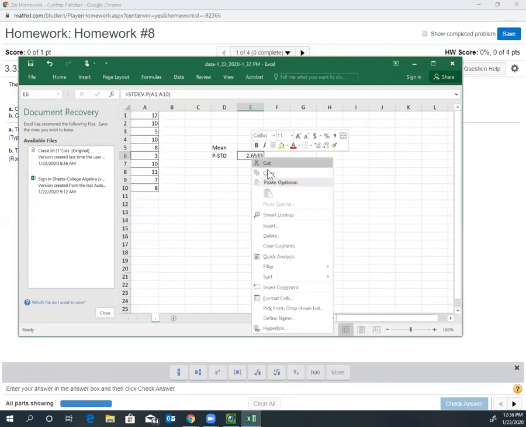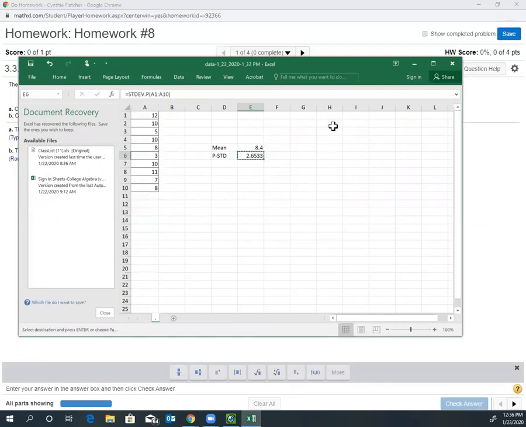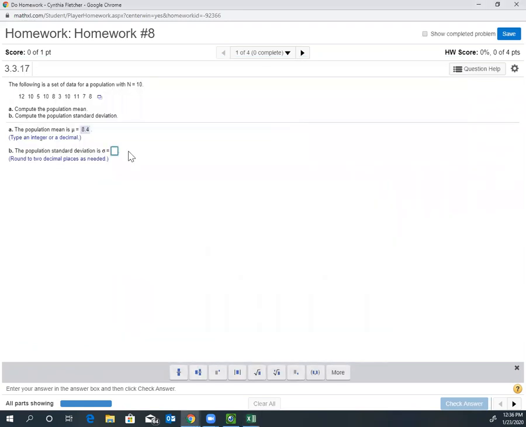I'm gonna right click to copy, and Control V to paste. Now notice this will say round to 2 decimal places. Okay, so 2 decimal places, so it will be 2.65. So we're just gonna back that up. And this should be the correct answer.